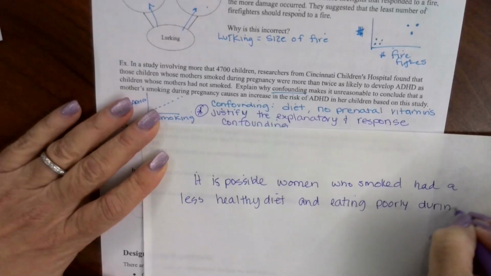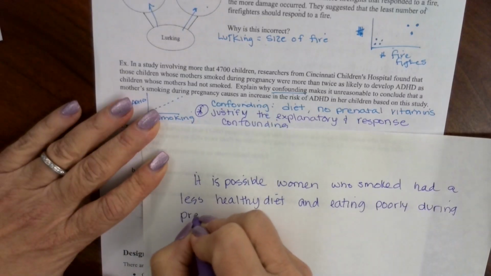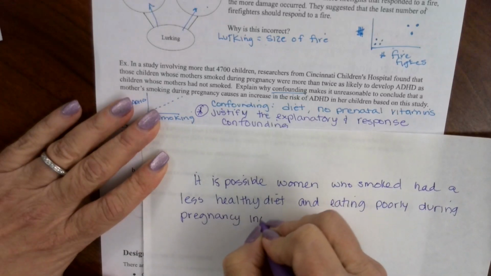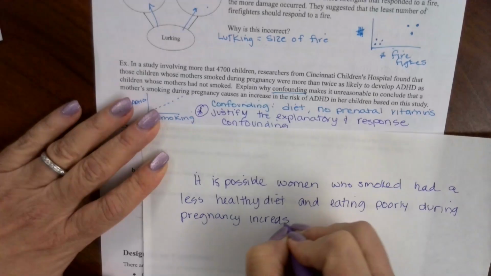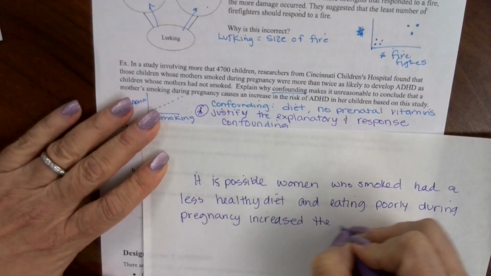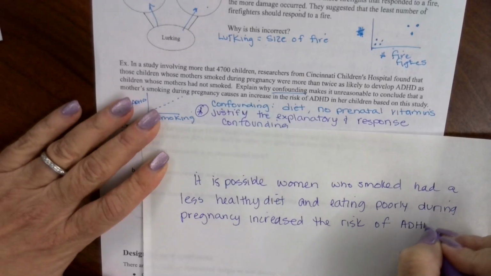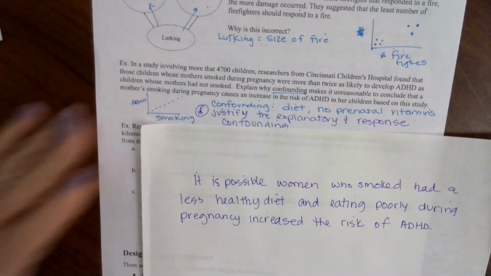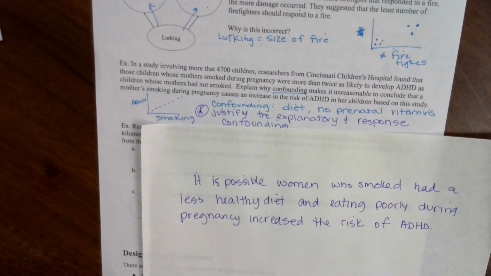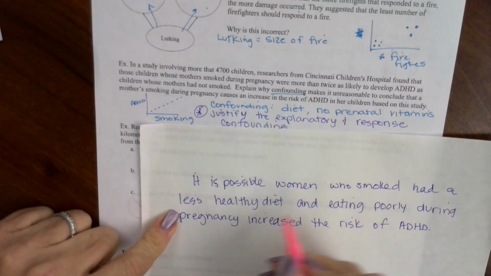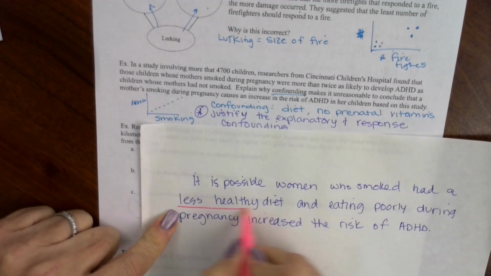I get the whole context in there. So when you have a confounding variable, you have to do your justify. So women who smoked had a less healthy diet.